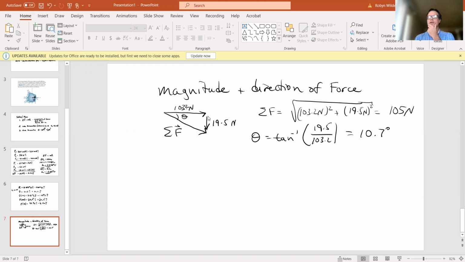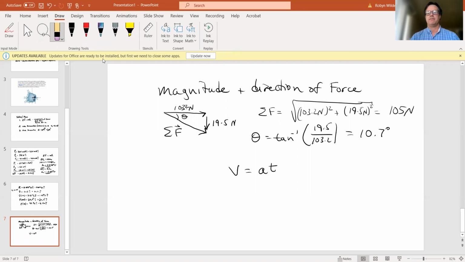Now, what if we wanted the velocity after 10 seconds? Well, we would write velocity is equal to a t, but now we're using the magnitude. In fact, before I can write velocity, I have to get acceleration. So let me talk about that first.